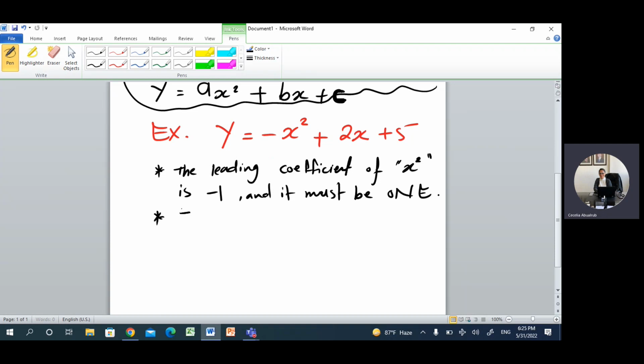Accordingly, factorize -1. How do we do that?